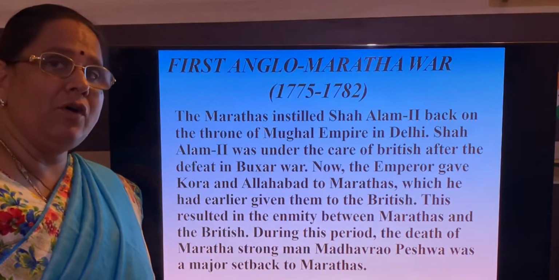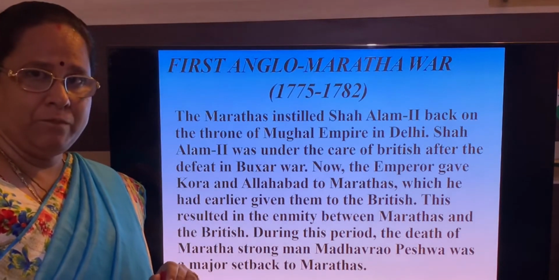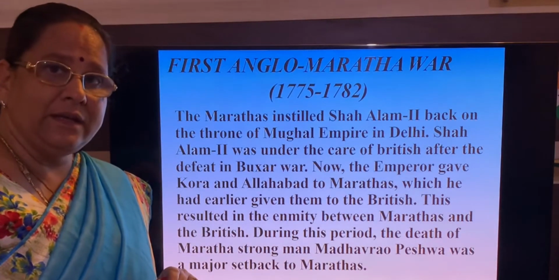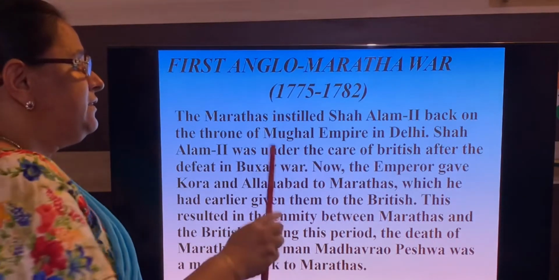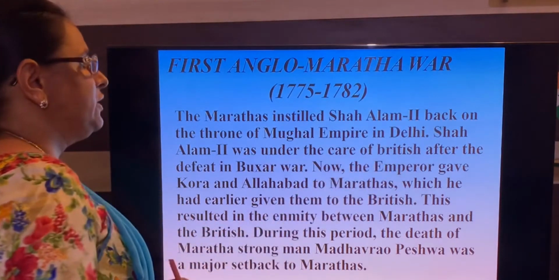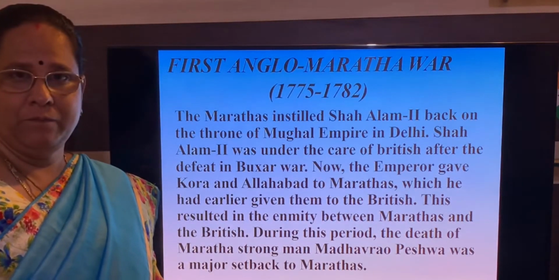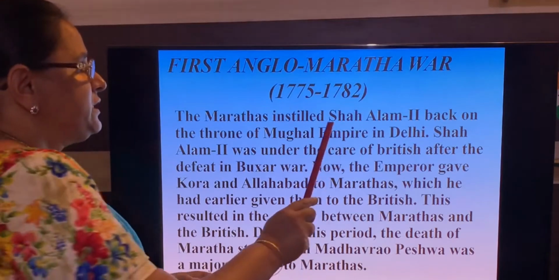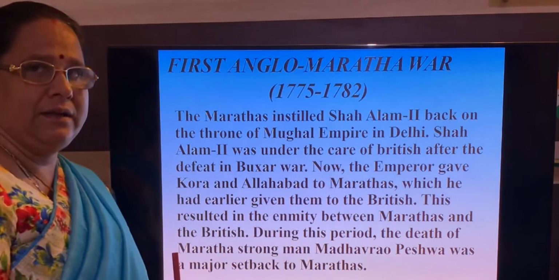After the Battle of Buxar, he was dethroned by the British. So once again, the Marathas supported him and helped to install Shah Alam back on the throne of the Mughal Empire in Delhi.